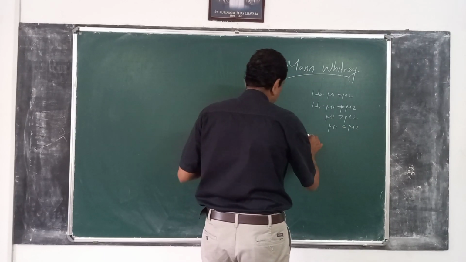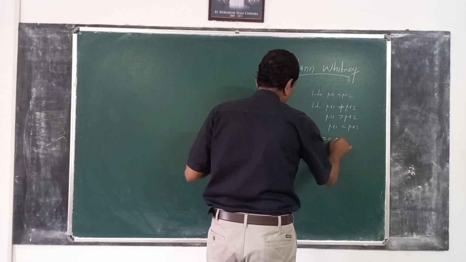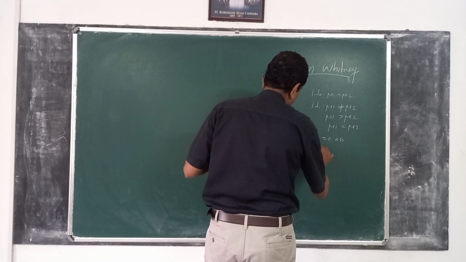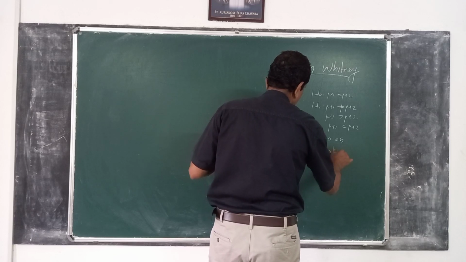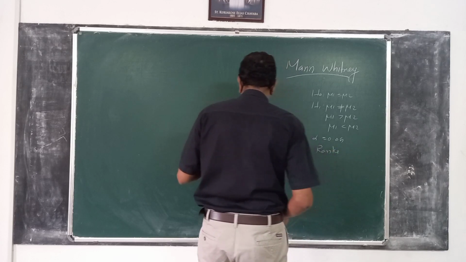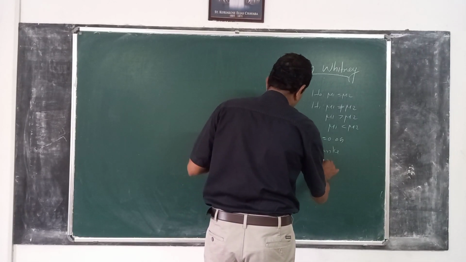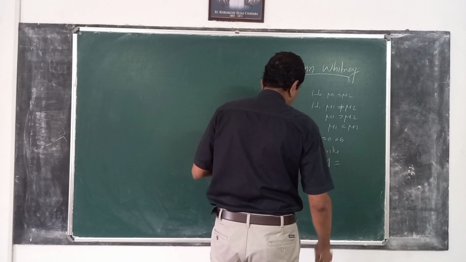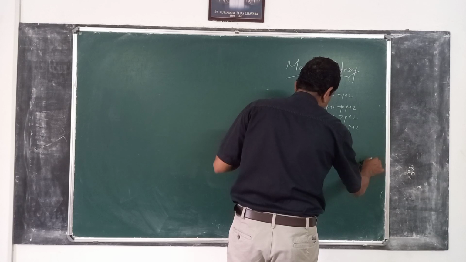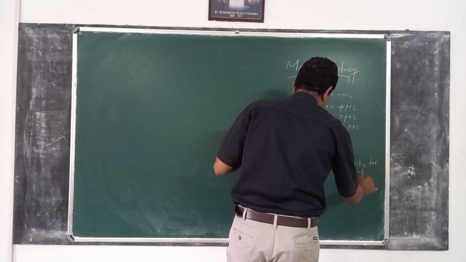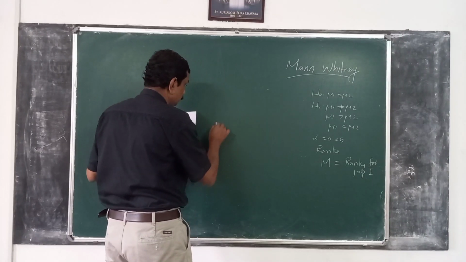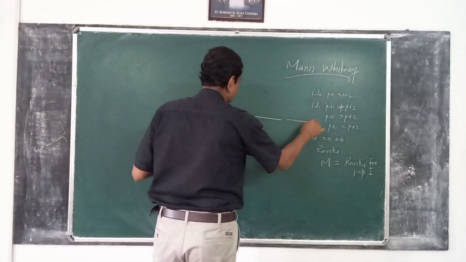In the second step, decide alpha as 0.05 or some other value. Then the third step, determine the ranks. Then compute the value of the test statistic, which is M. And M is the sum of ranks for population 1. Then the critical values are calculated like this.